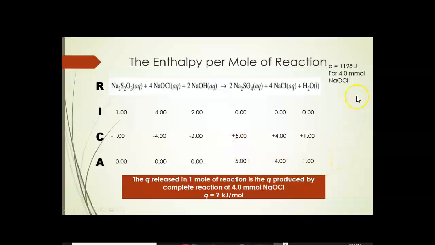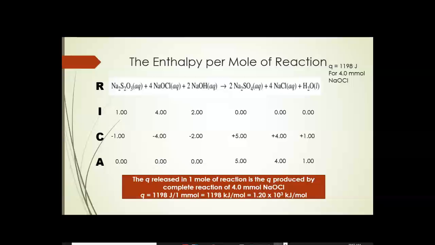And for 4 moles of sodium hypochlorite here, you're going to produce 1198 joules of energy. So that's the answer for 1 mole of reaction. Q is produced. So the Q released in 1 mole of reaction is a Q produced by the complete reaction of 4 millimoles of NaOCl.